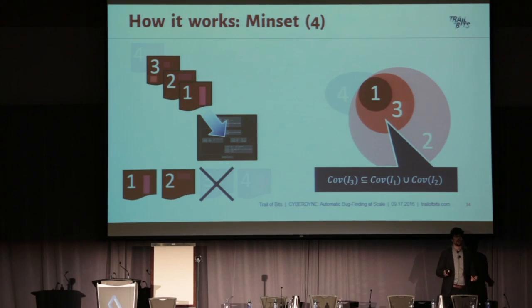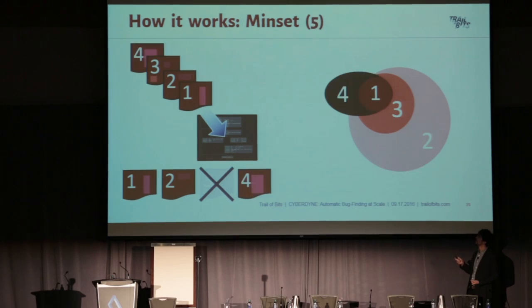And this is something where adding stuff into the Minset is a heuristic. And so you run the risk of throwing interesting things out, but the idea is that hopefully eventually we're going to keep the most interesting things in. And then finally we get to the fourth input. It gets us new code coverage above and beyond all the others.